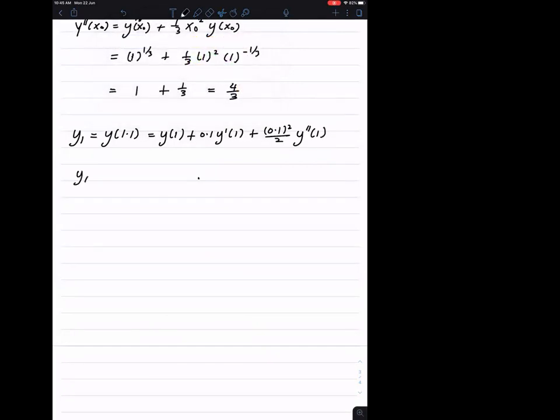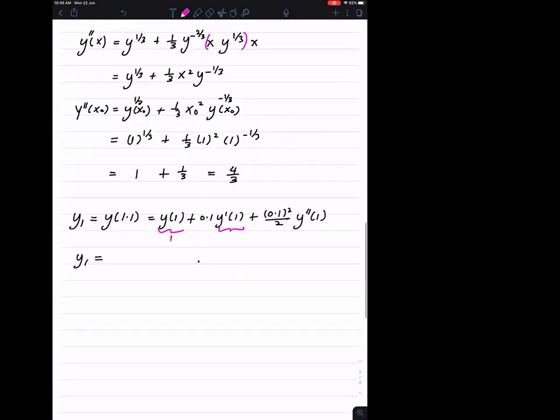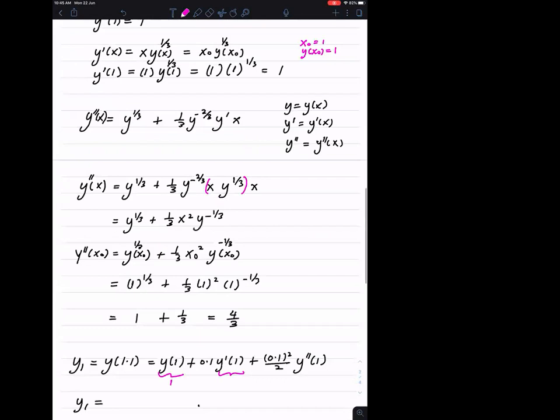So y1 is going to be, this is 1. This is y prime 1, how much was that? Do you guys remember? It's also 1.